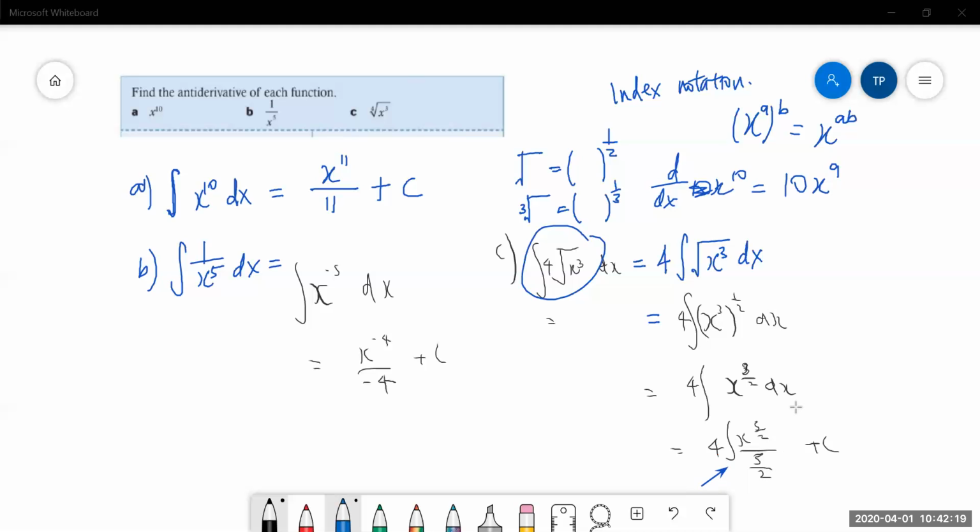Secondly, you didn't add 1 to the power. I did 2/2. Yeah, it's 5/2. Oh, this is a 5. Yeah, it's x. I couldn't tell it's a 5.